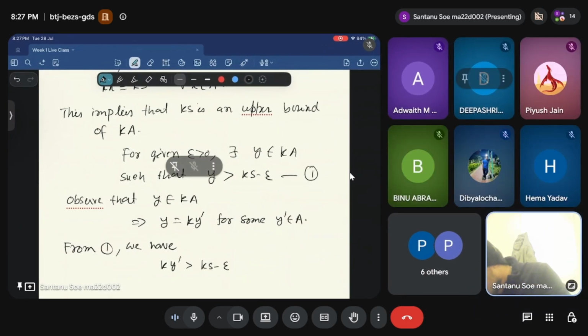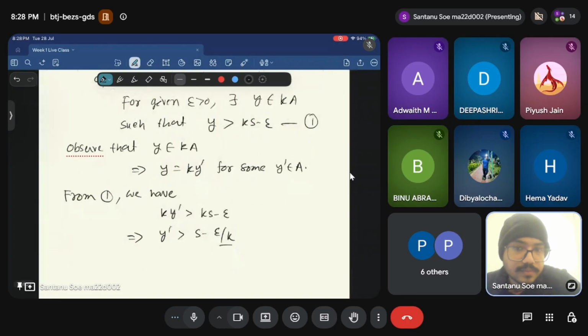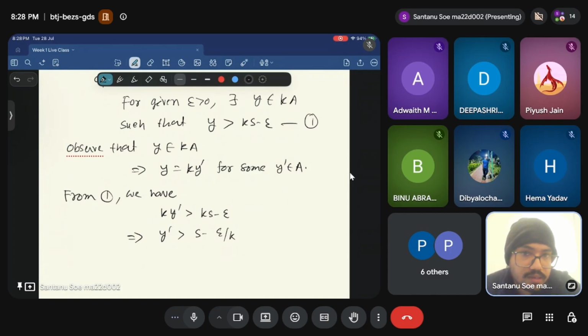Now since k is positive, you can divide by k on both sides, and that will not change the inequality. So y prime is strictly greater than S minus epsilon by k. Correct? Yes. Now can you tell me what is going on here? In what situation have we arrived right now? Anyone?